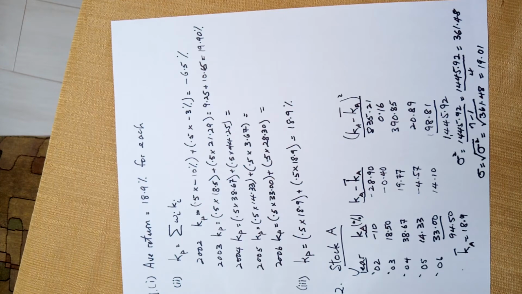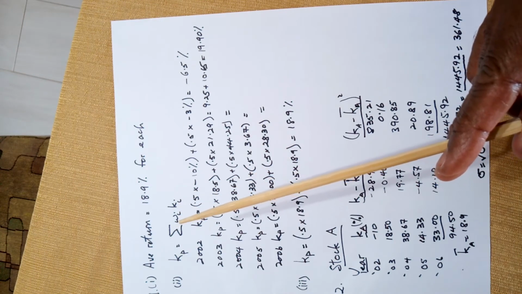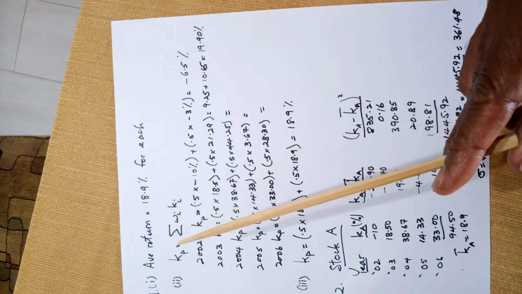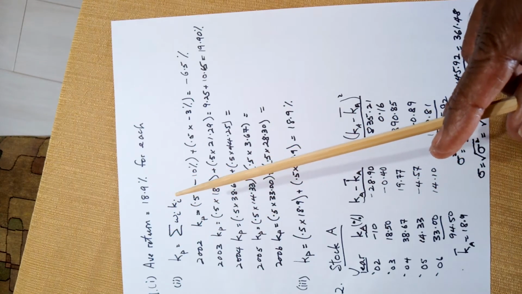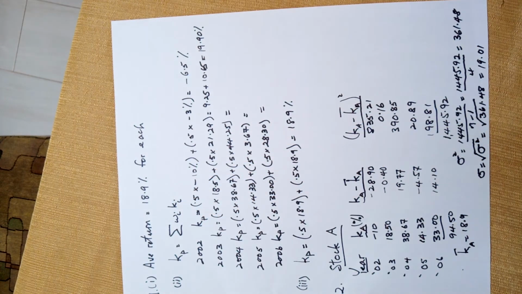So we were given 5 years worth of information, returns for each one of the stocks, and we are told that the composition of the portfolio is the same for each year, 50% A, 50% B. So we write down the general equation for finding the returns on a portfolio, the summation here of the weight times the return for the individual stocks. This is the general equation, that's why we have i here. In this case, i is just 2 because we have only 2 stocks, but it could have been any number.